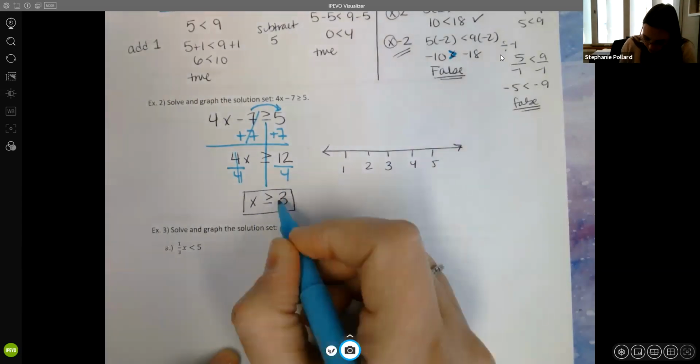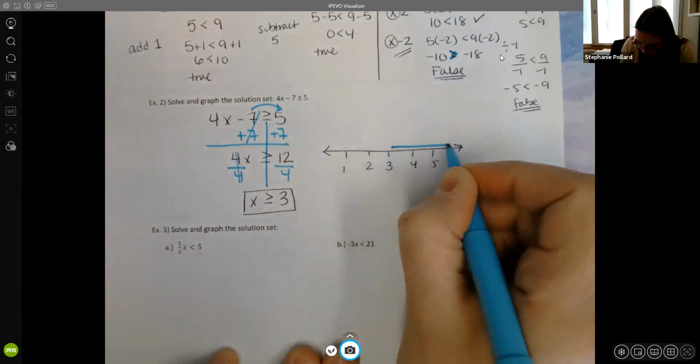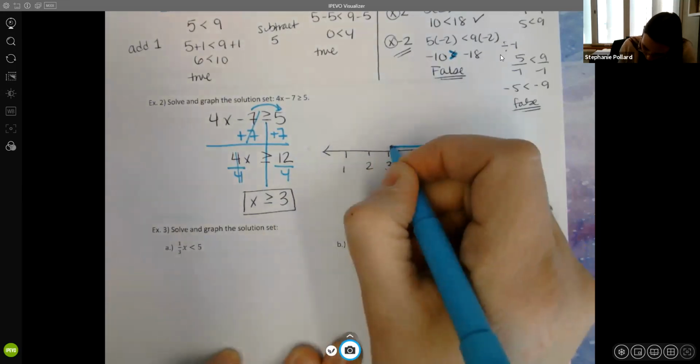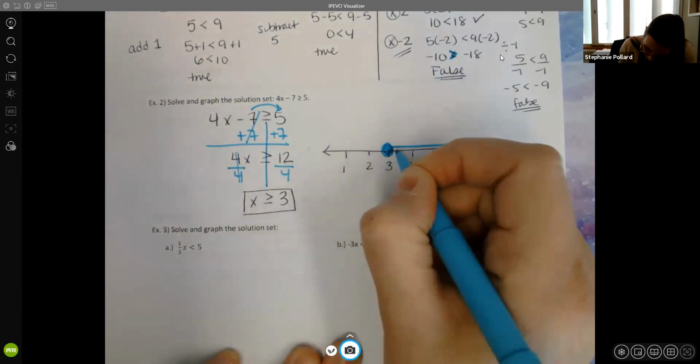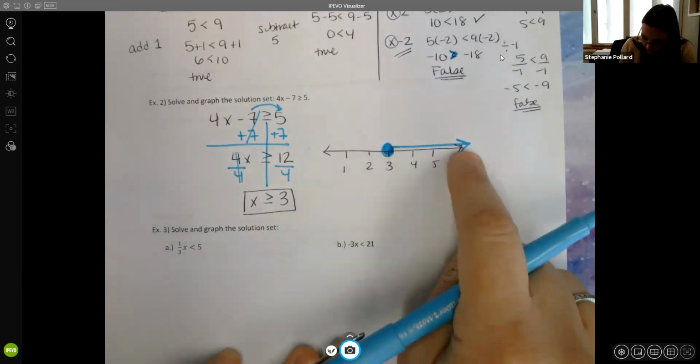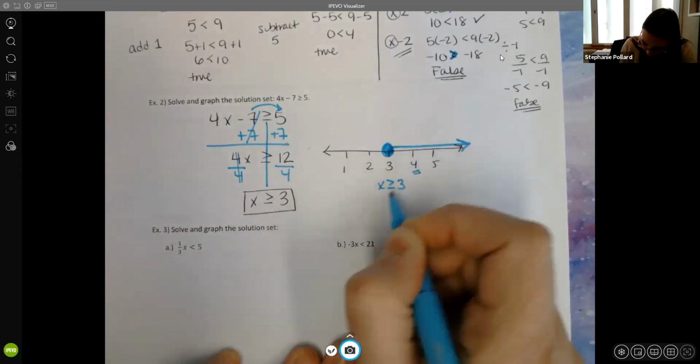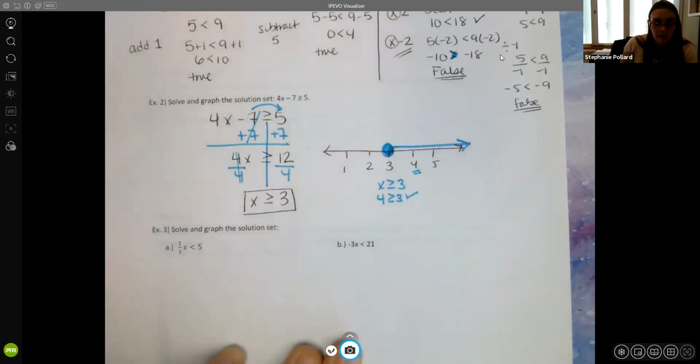I want to be bigger than 3, so I'm going to go this way, and I'm using a closed circle. You can always check to make sure you shaded the right side. If I test 4, if I plug in for x, is 4 greater than or equal to 3? It is.